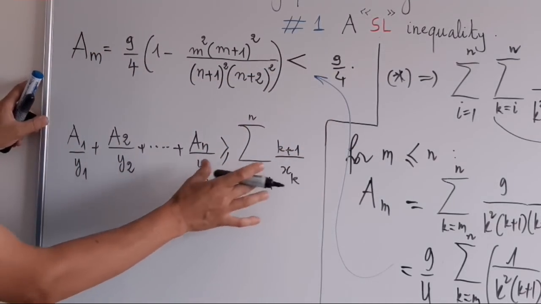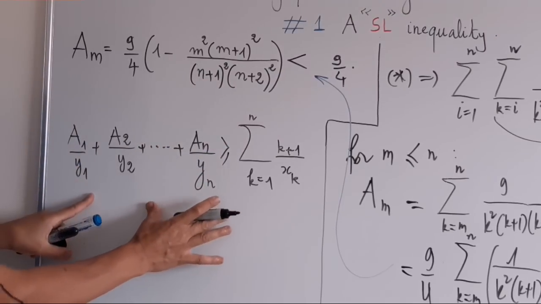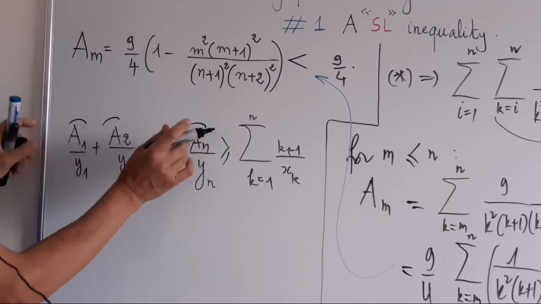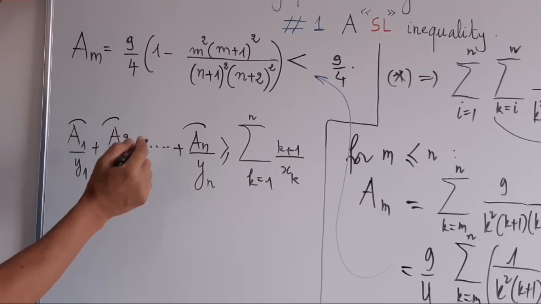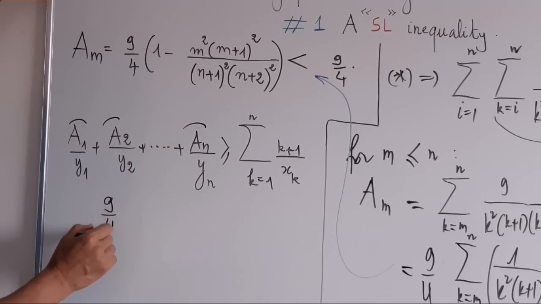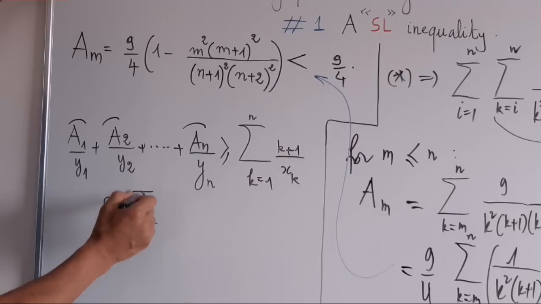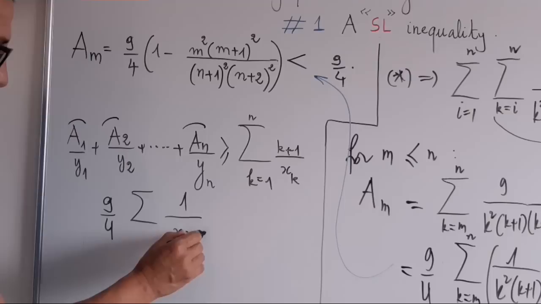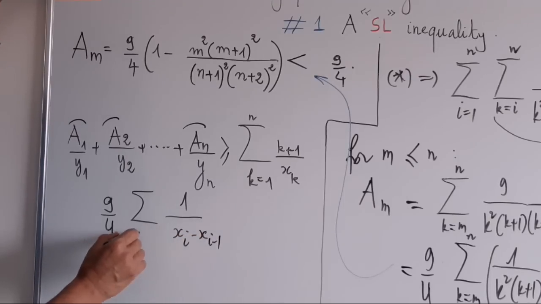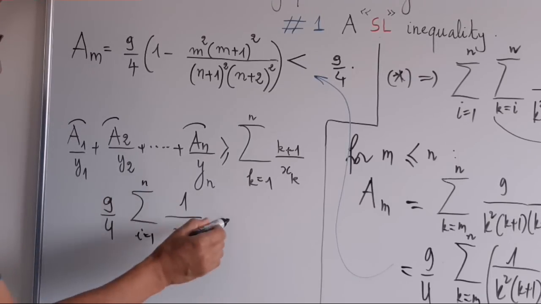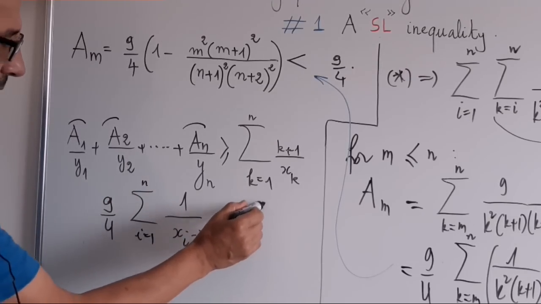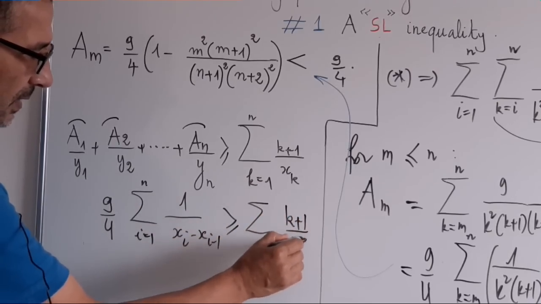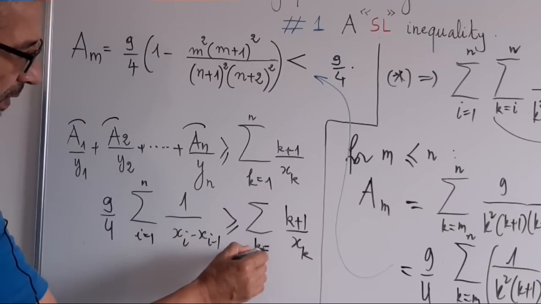So recall that we have proved this inequality, and so by optimizing all those constants, we obtain that 9/4 of the sum, returning now to the first notation, of x_i from i equals 1 to n will be greater than this quantity over x_k.